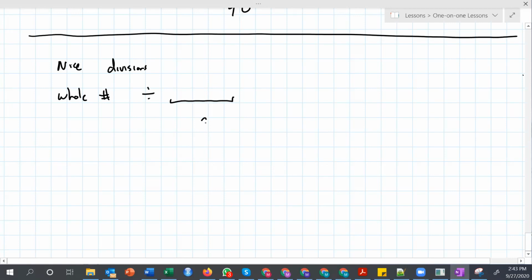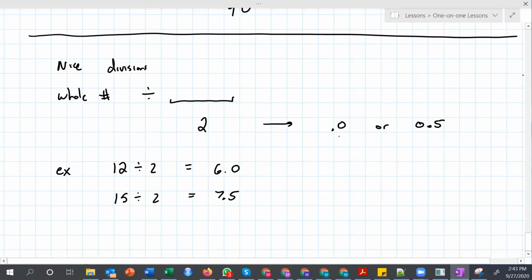So when you divide by 2, your answers are always either 0.0 or 0.5. For example, 12 divided by 2 is 6.0, but 15 divided by 2 is 7.5. So that's what I mean by 0.0 or 0.5.